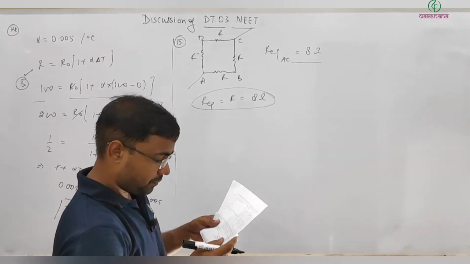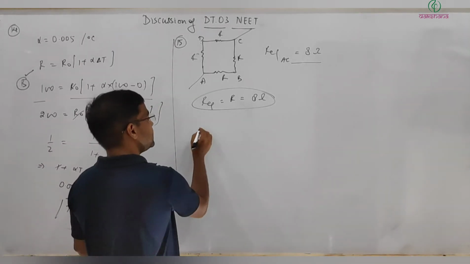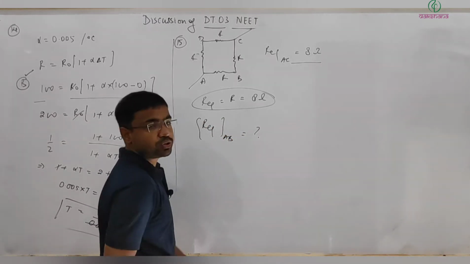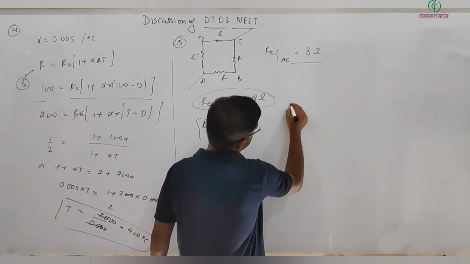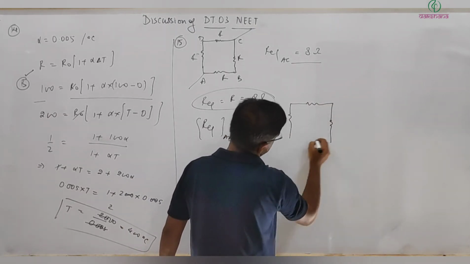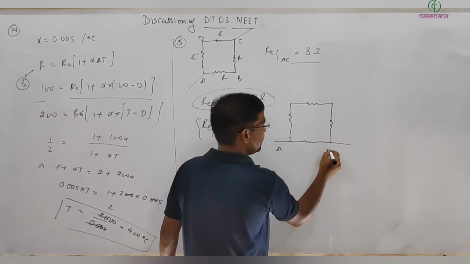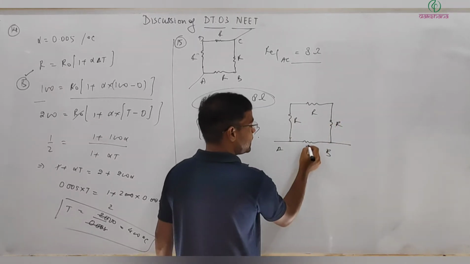And next is the resistance between two adjacent corners, that means R equivalent between AB. You can draw this system, it's A and it's B, so it's R, R, R. These three are in series and this R is in parallel.